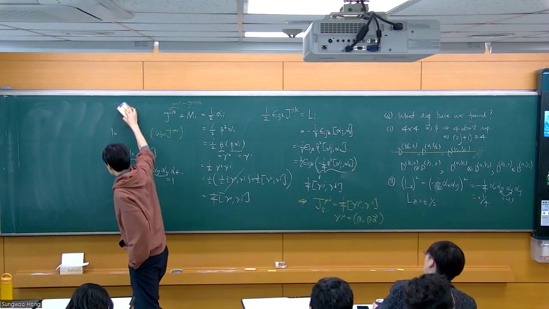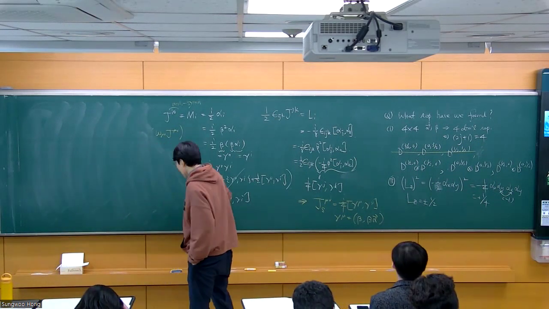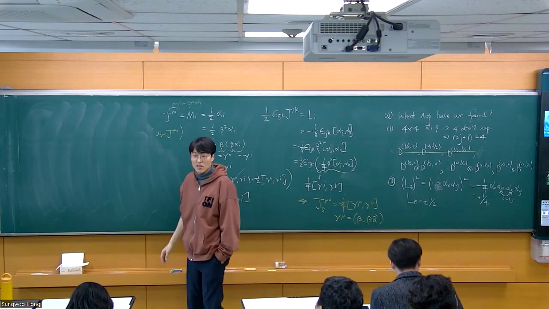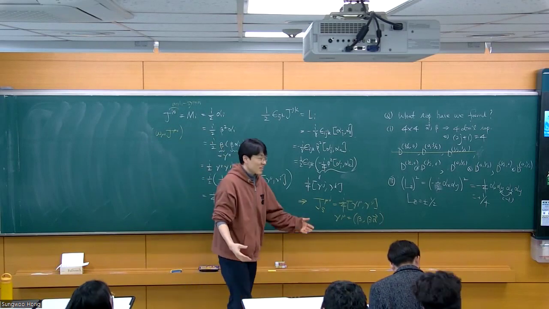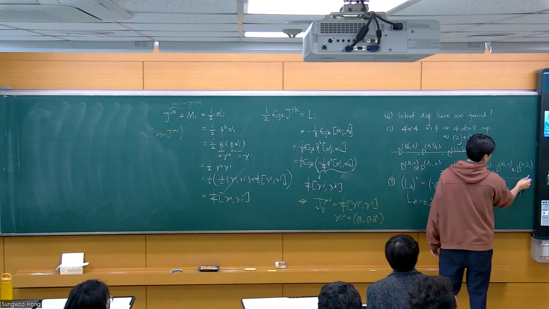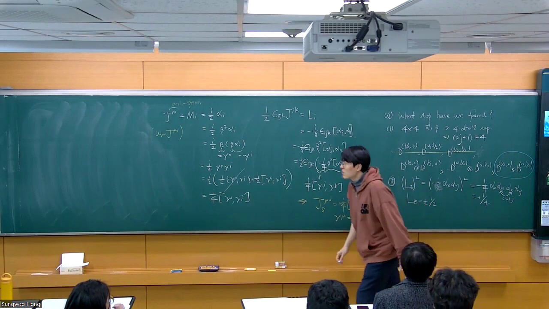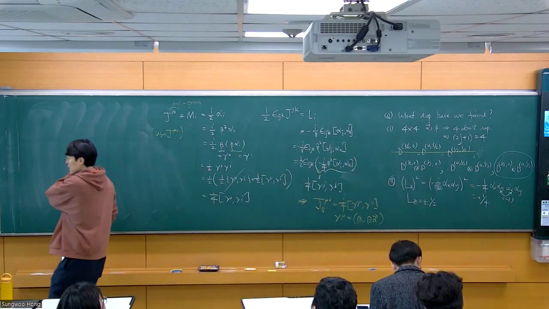Okay, so one last thing we could do to nail it down to a unique representation. I mean, we know the answer, right? But we're just trying to pretend that we're discovering the answer. We know the answer because we've been talking about this all the time, but we are basically trying to see how that can be derived from this.